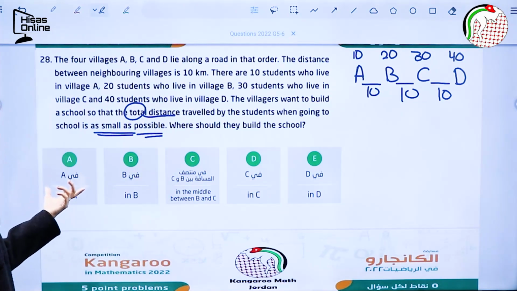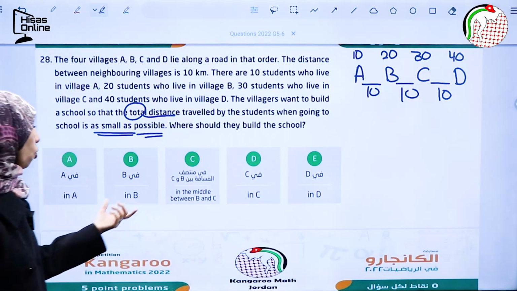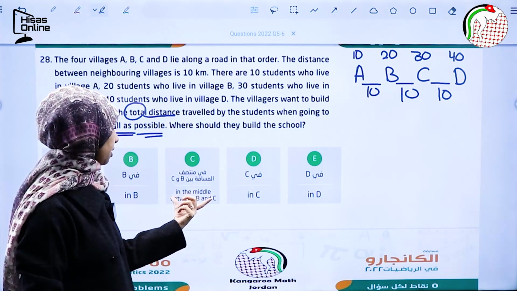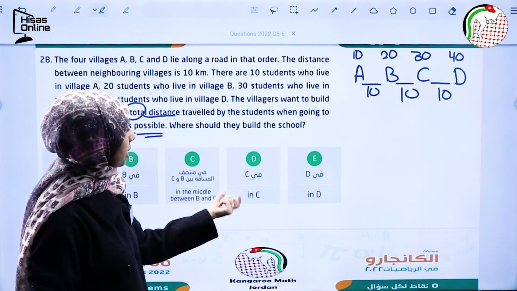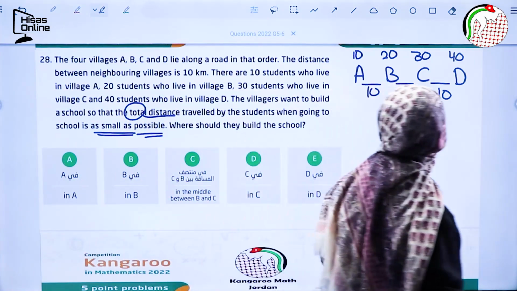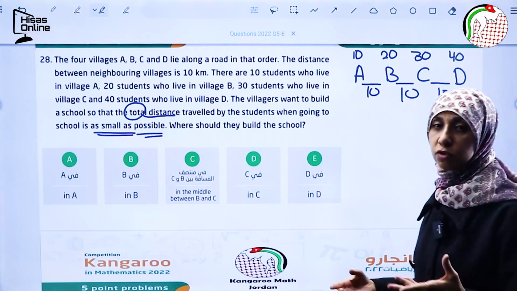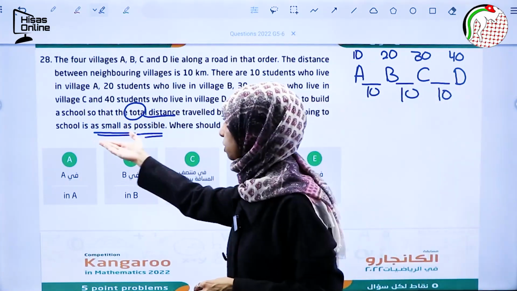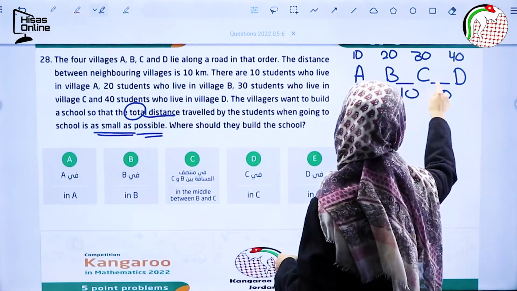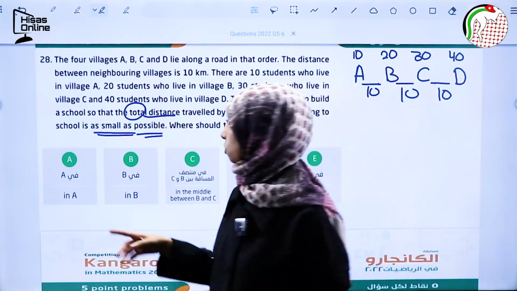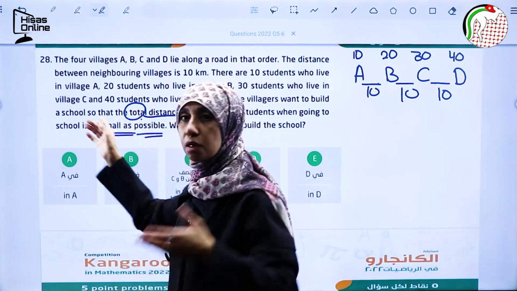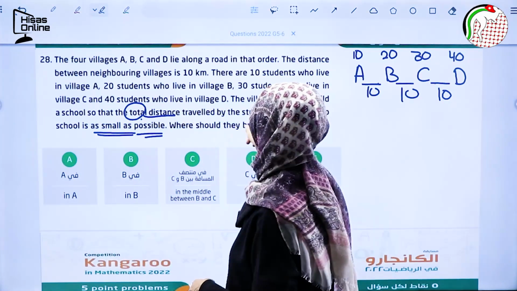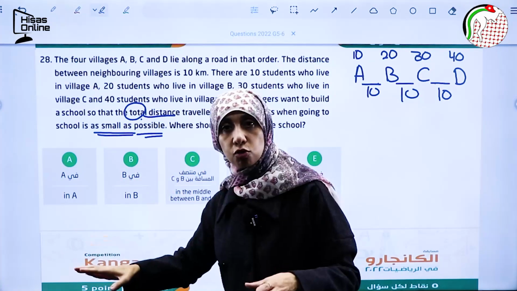Options: in village A, or in village B, in the middle between B and C, in C, or in D. In this question, we have to find the total distance based on the given distances here and the number of students, because they need the total distance traveled or walked or moved by the students to be as small as possible.